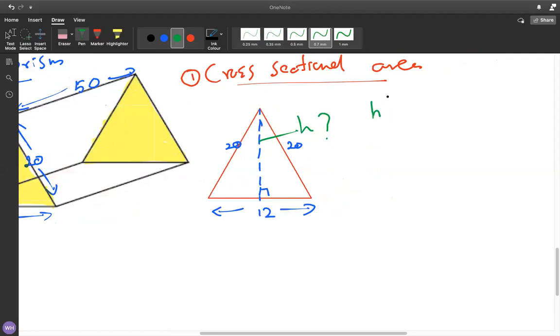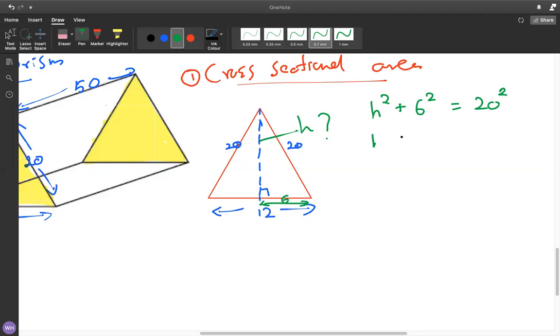How can you find h? h squared plus, if this is 12, this will be 6. So h squared plus 6 squared equals 20 squared.